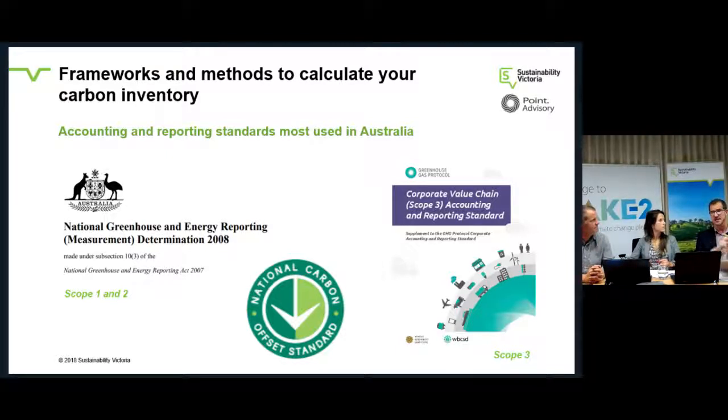Brisbane City Council is actually the largest inventory in the whole of Australia that has achieved NCOS certification. So they're a real leader in the space. They have about 700,000 tonnes, I think, per year of greenhouse gas emissions that they measure and then offset. And I'm sure there are several regional councils that have achieved NCOS as well that I don't know about.